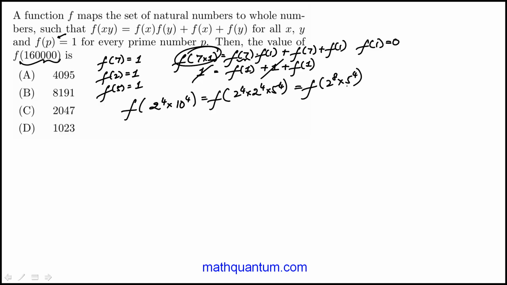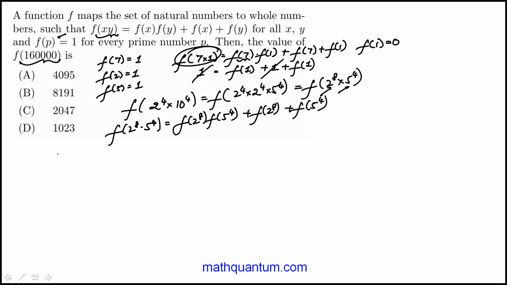So the question was, can I figure out f of 2 to the 8? Because if I apply this and call this x and y, then I know this would be f of 2 to the power 8, f of 5 to the 4, plus f of 2 to the 8 plus f of 5 to the 4. So can I get to f of 2 to the 8? Because whatever process I use for that, it will then apply for that as well.